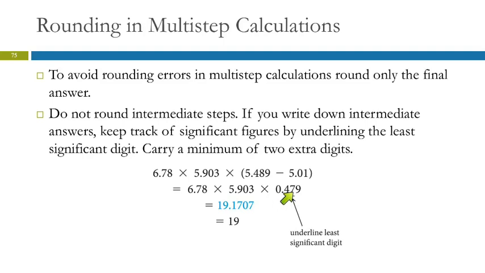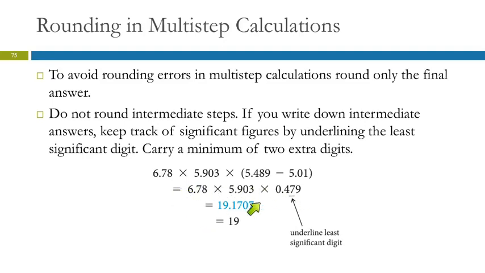This should end in the 2nd decimal place. If that was all I was doing, I would round it to 0.48. But that's going to be used in the rest of the calculation. So what I do is I underline the last significant figure, that uncertain digit. I keep the extras, at least, well, this one, it was all of them, but at least all of them or 2, whichever's smaller.